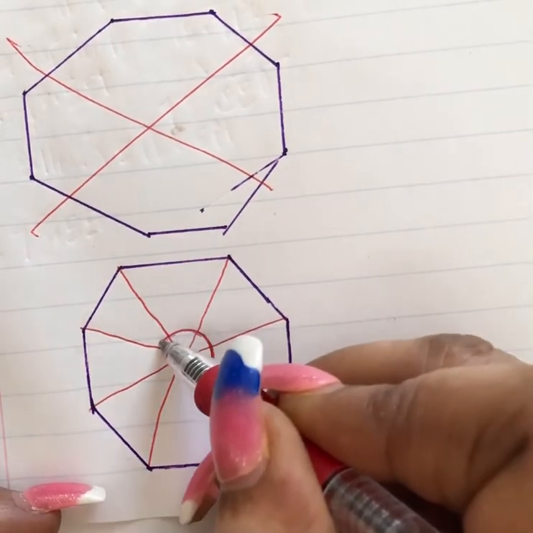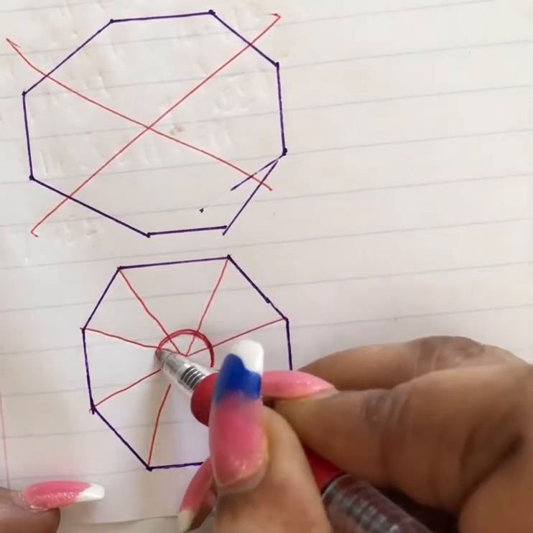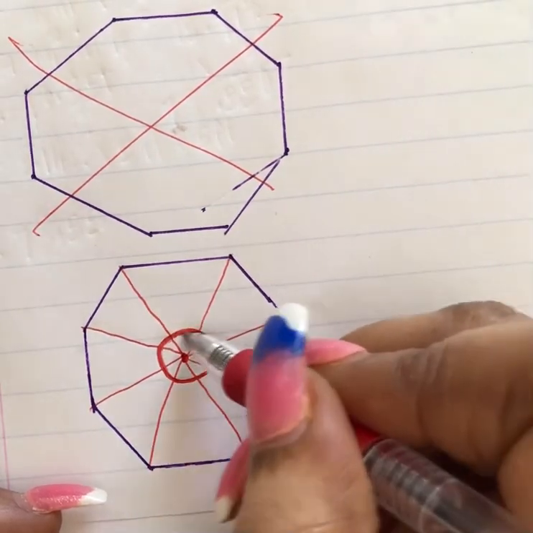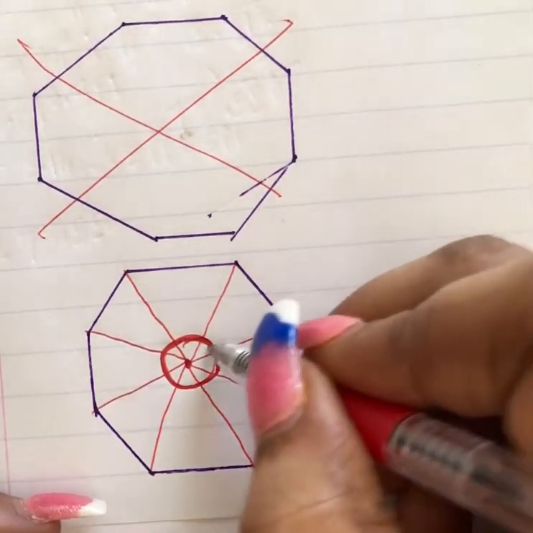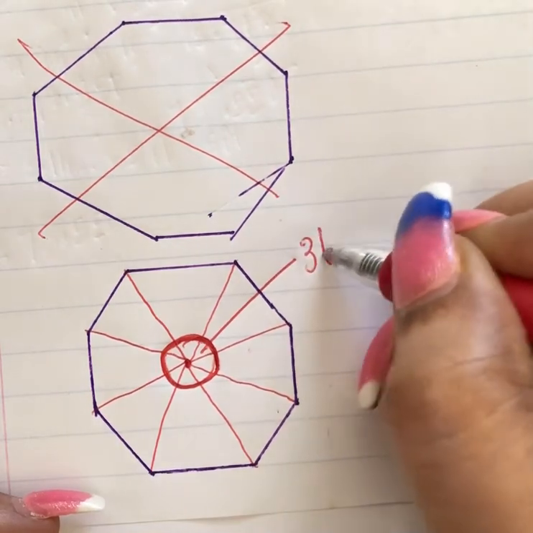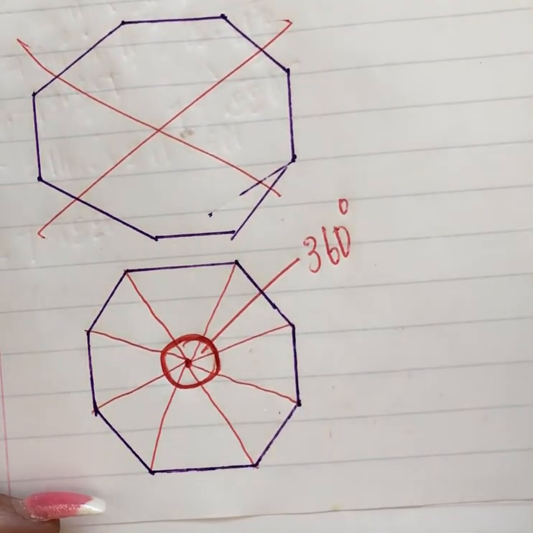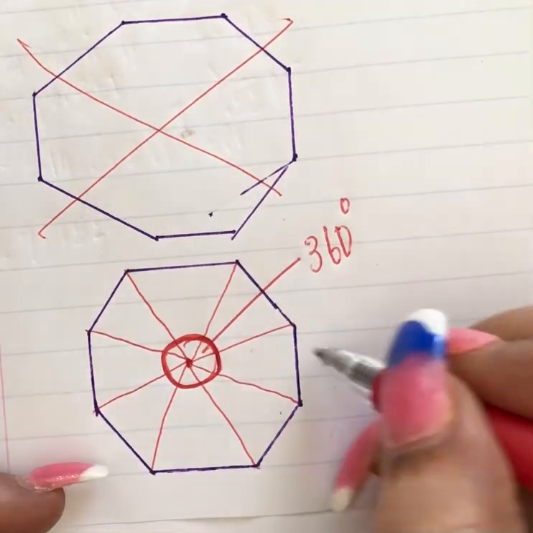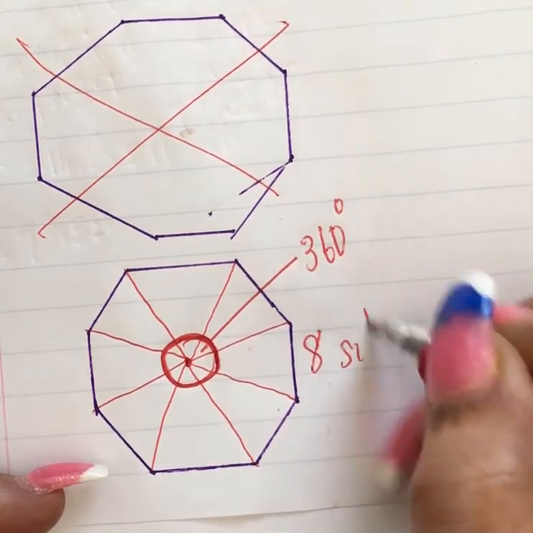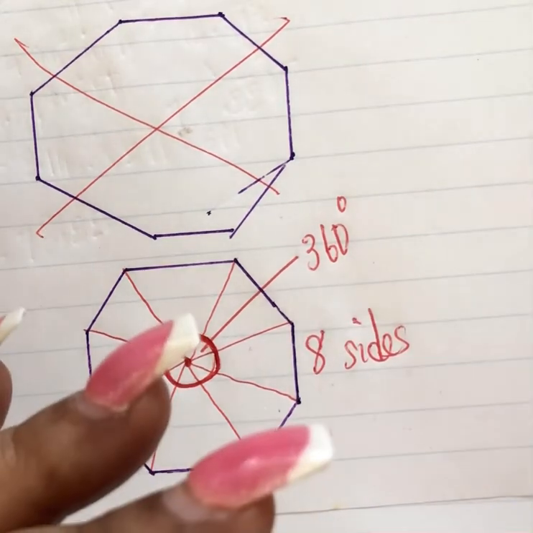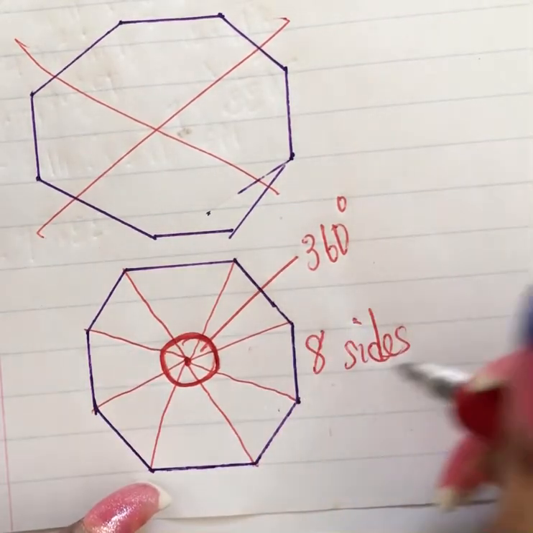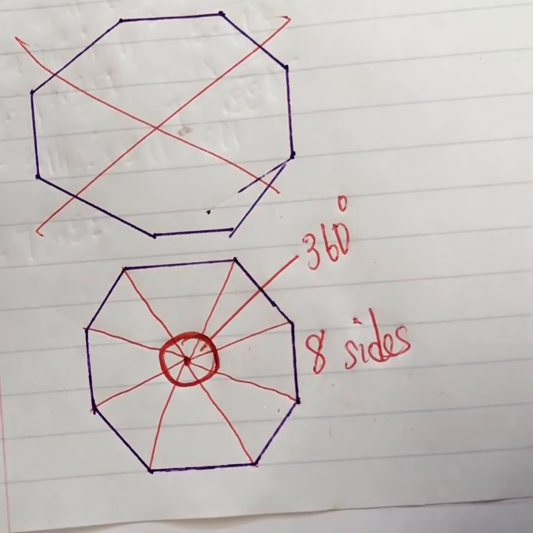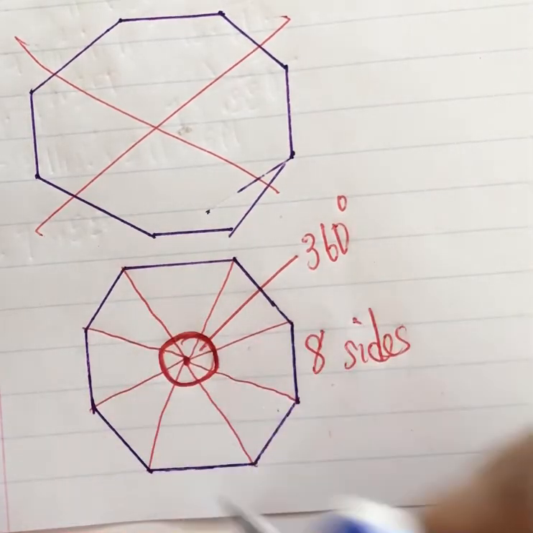We know that this center can be represented by a circle. And a circle has a total number of degrees. A circle is equal to 360 degrees. Octagons carry 8 sides, right? So this octagon has 8 sides. Since I know it has 8 sides, they're equally divided.